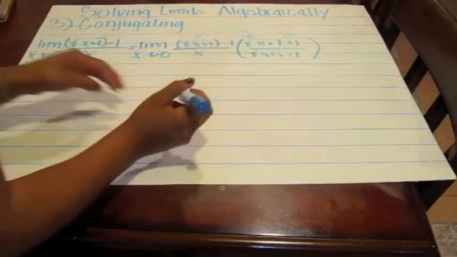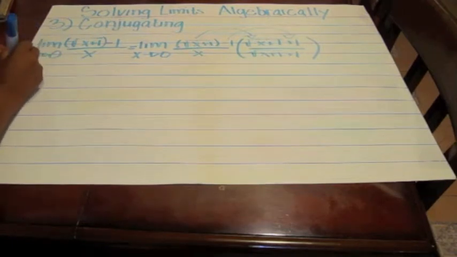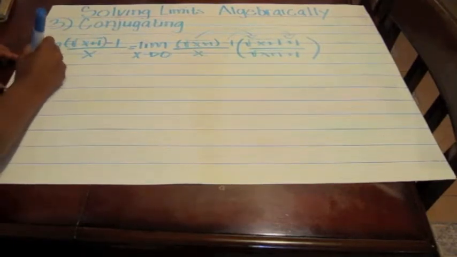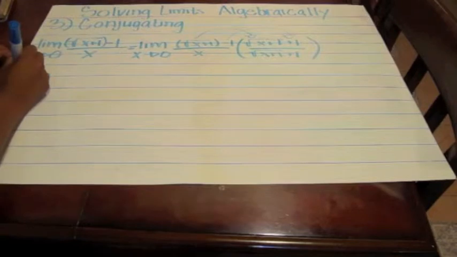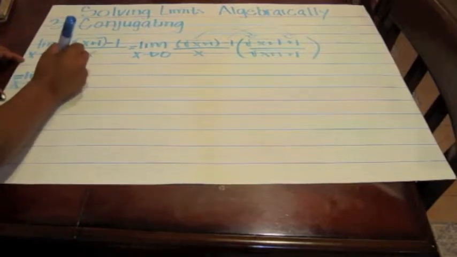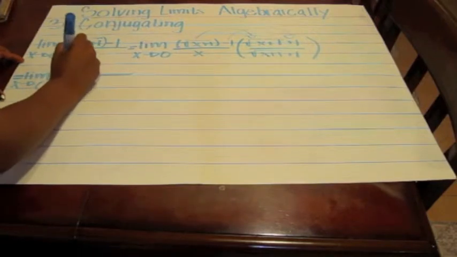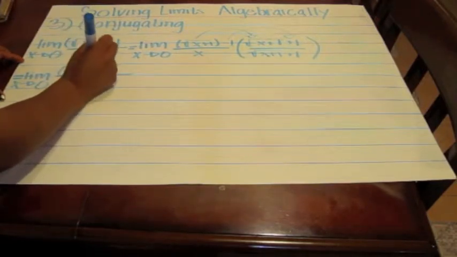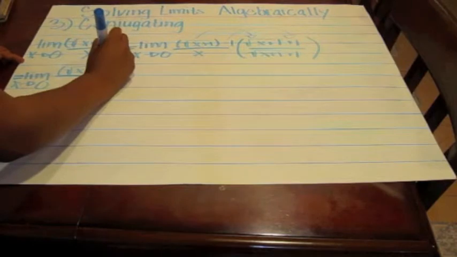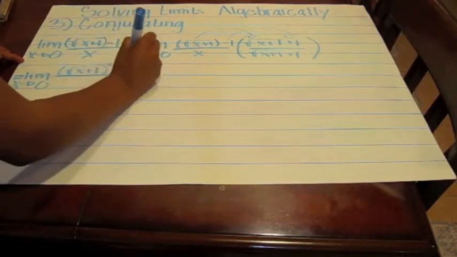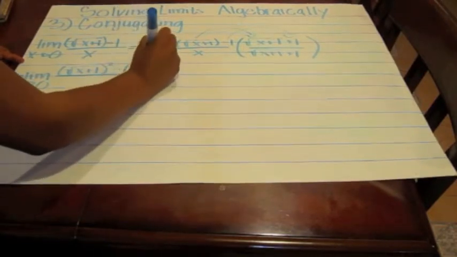We multiply each term, and that gives us the limit of the square root of x plus 1 squared minus 1 squared all over x times the square root of x plus 1 plus 1.